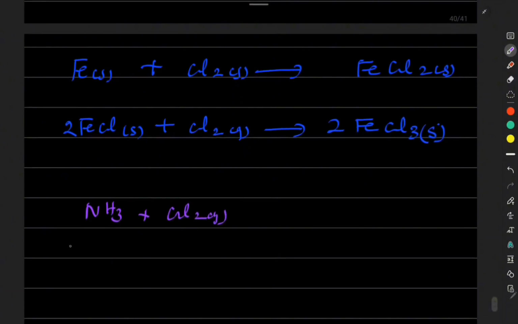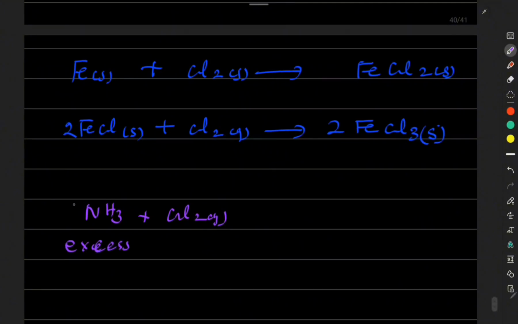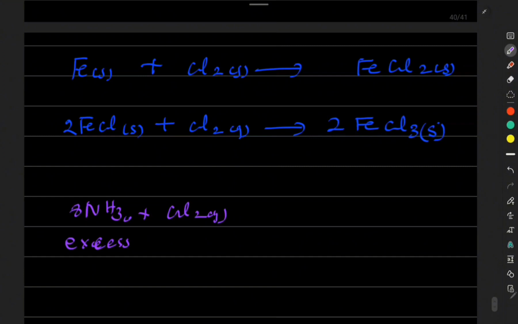Here ammonia is in excess. What will they form? They will form N2 gas plus 6HCl gas.